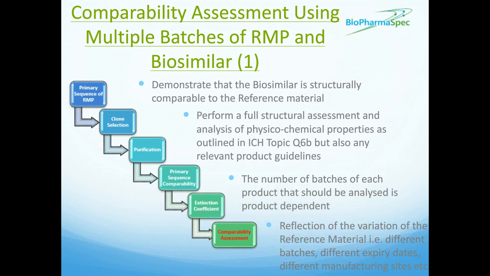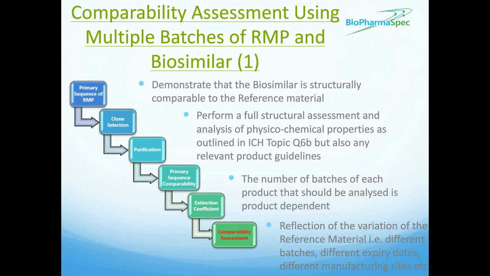The whole point is you have to demonstrate that the biosimilar is structurally comparable to the reference material and perform the full structural assessment analysis of the physicochemical properties as outlined in ICH Q6B, but also any relevant product guidelines. The number of batches you need to analyze is product dependent and needs to reflect the variation of the reference material as I showed on the previous slide.